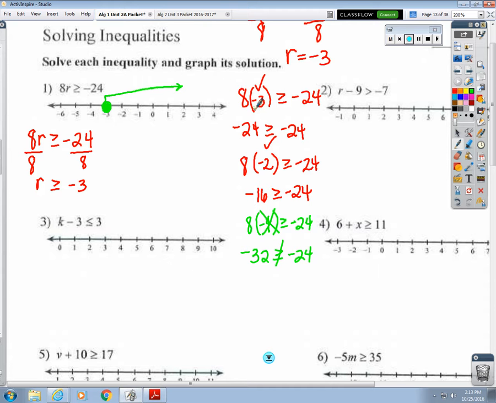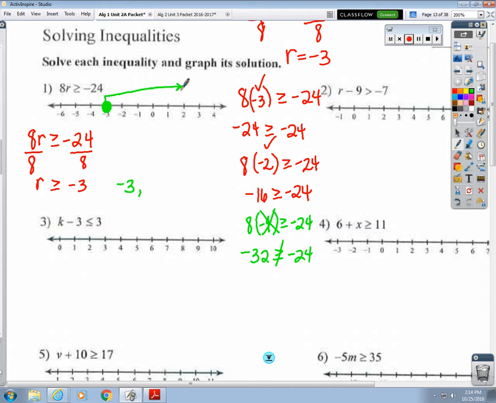Okay, now another thing we're going to learn today is called interval notation. Everything I just said you've seen before in 7th grade, but you have never seen interval notation. Stop. Okay? Interval notation is just another way of writing the solutions. So, on this number line, what is my lowest solution? -3. What's my highest solution?